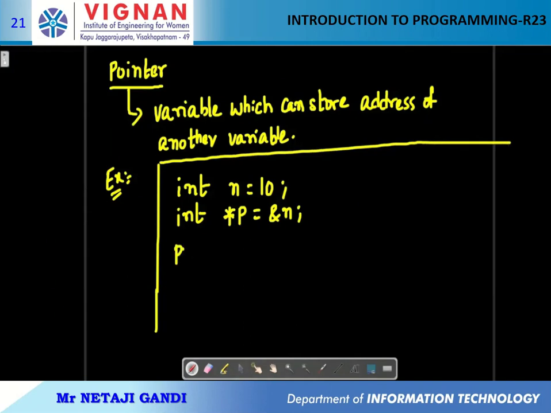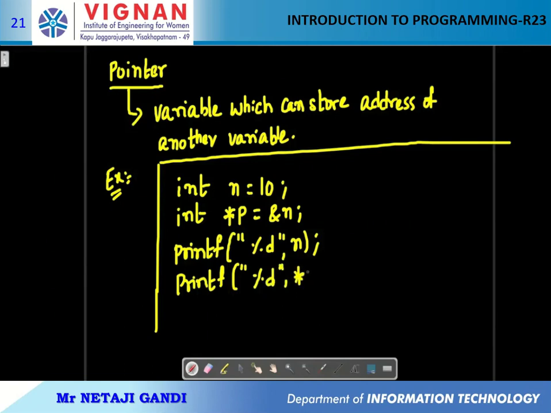If I start printing the n value, the same n value can be obtained in multiple ways. For example, if I write %d n, I will be able to display the n value. Similarly, I can also use the pointer variable star p in order to display the value of n, so that %d star p can be used in order to print the value of n.